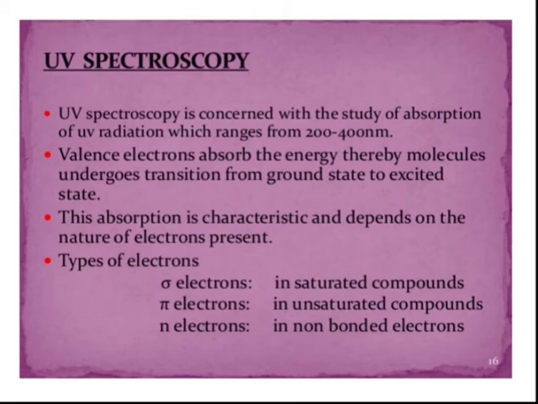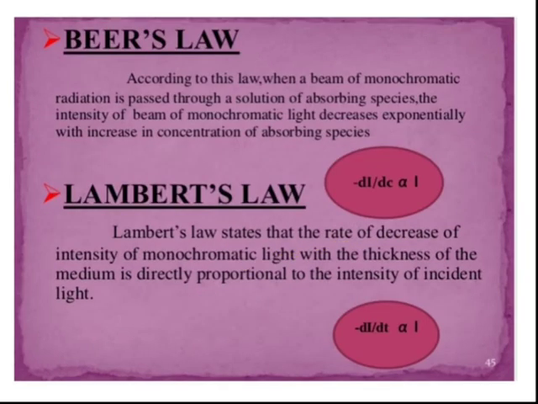There are various types of electrons: sigma electrons, pi electrons and n electrons. Sigma electrons are found in saturated compounds, pi electrons are found in unsaturated compounds and n electrons are non-bonded electrons. These are the two laws which are useful for spectrophotometry, either colorimetry or UV visible spectrophotometry.